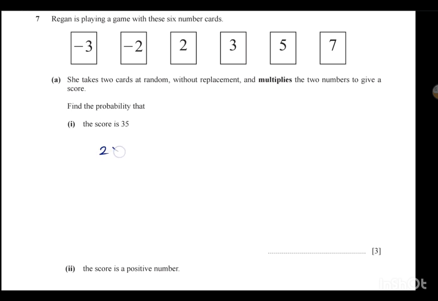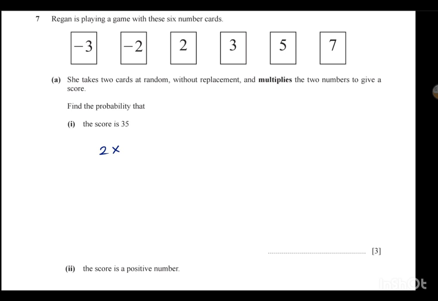We cannot take negative numbers here, because -3 into any other number won't be 35, and -3 into -2 will be +6. So we cannot take negative numbers, and we cannot take 2 and 3 either.